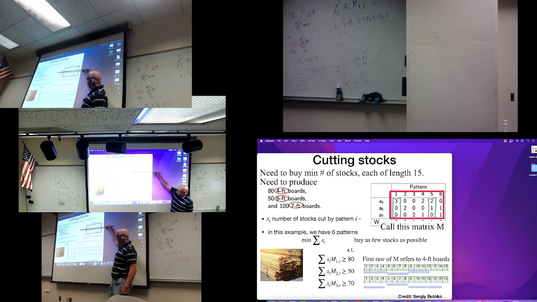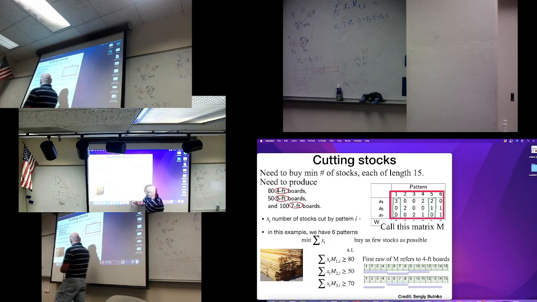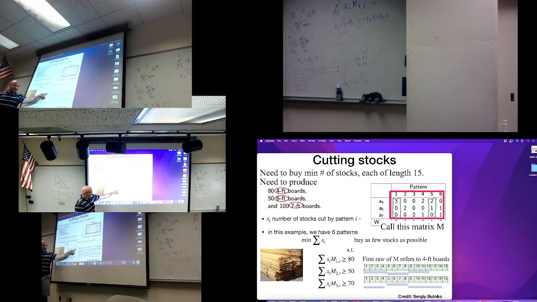Take this row, multiply by X1 through X6. That will tell you how many units of length 6. Length 7, what's my constraint? I need to supply 80 shelves of length 4, 50 of length 6, 70 of length 7. That's my input.